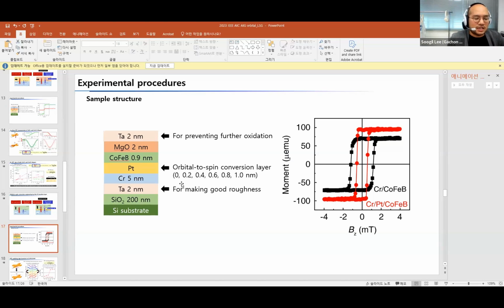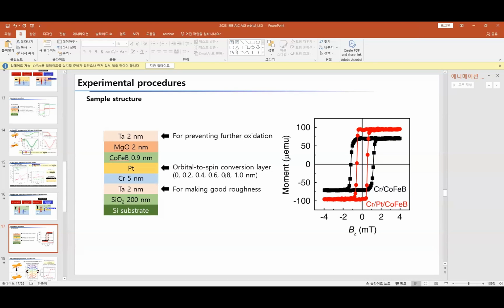The thickness is not exact, but the important point is that we just want the trend with this thickness variation. And you calculated this thickness from the deposition rate, not from any external measurement technique? Yeah, right. That is the main reason why I call this the nominal thickness, not exact thickness.